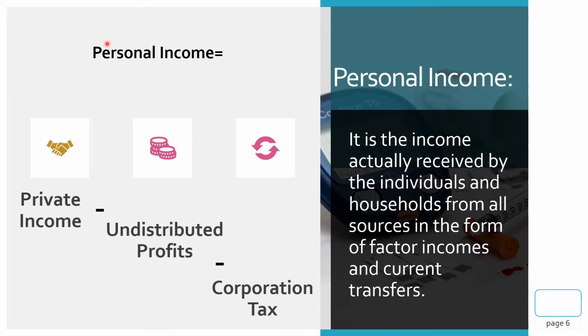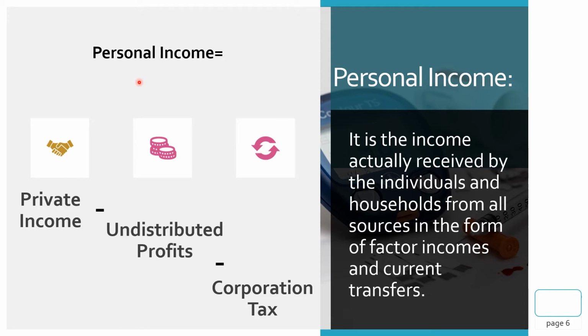Since we are talking about personal income being the income of individuals and households, we deduct the income to corporations and business enterprises, which is undistributed profits and corporation tax. These are concerned with business enterprises or entrepreneurs, and so we have to deduct these values from private income to give us personal income.